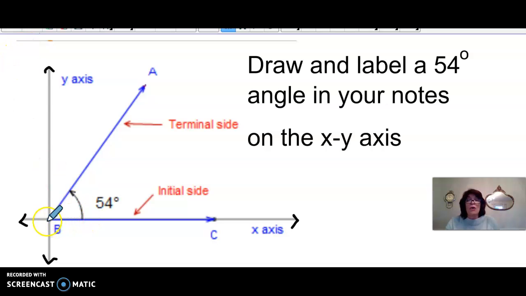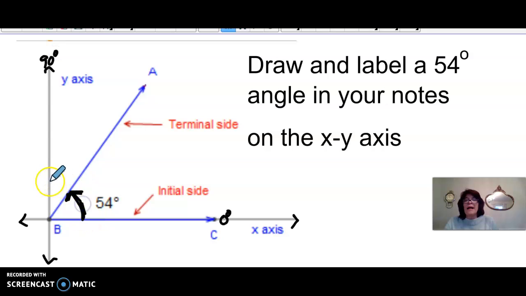We have to designate which is the initial side of our angle and which is the terminal side of our angle. Where do we start and where do we end up? And we show that by drawing an arrow from the initial side to the direction of opening. Okay, I started with BA right on top of BC, and I moved BA up 54 degrees. We are going to have to get used to and recall that we're at 0 degrees here, the x-axis.